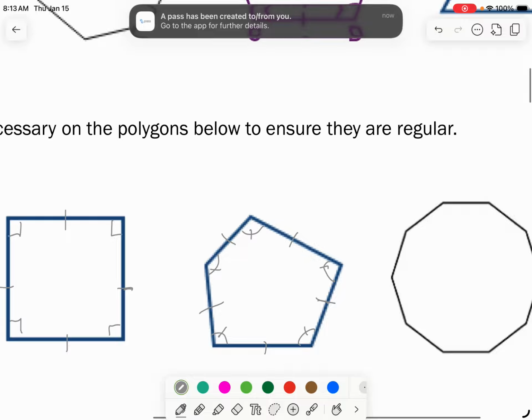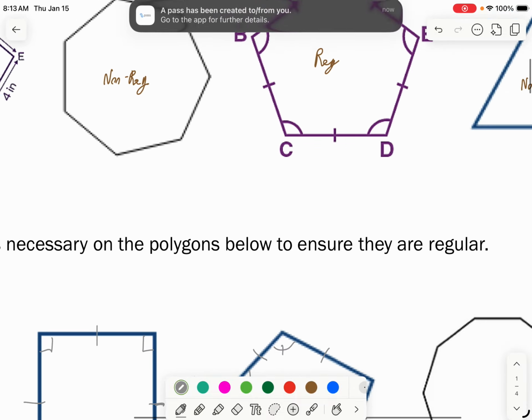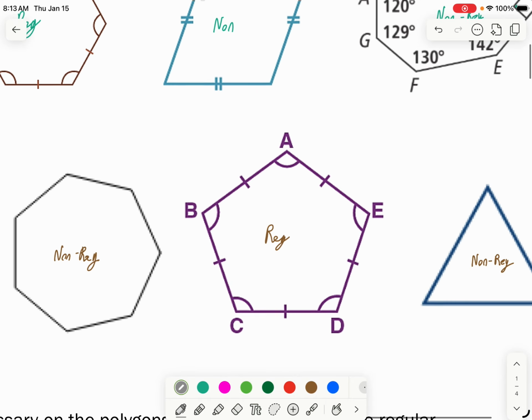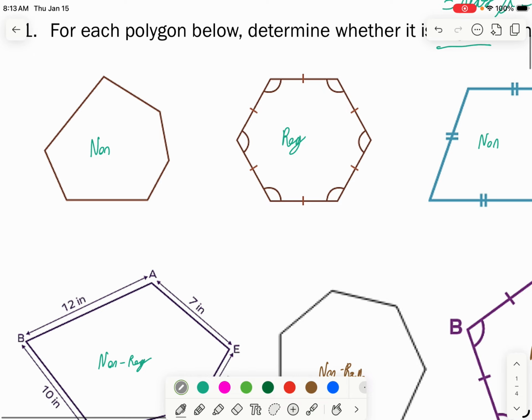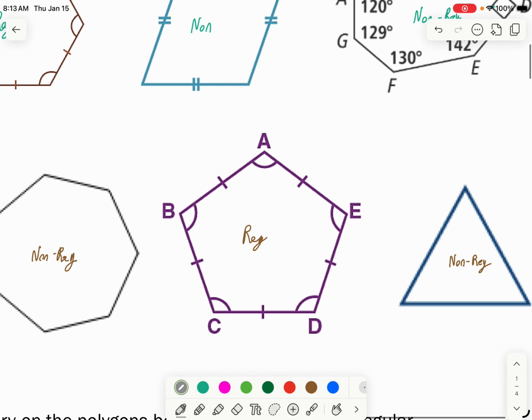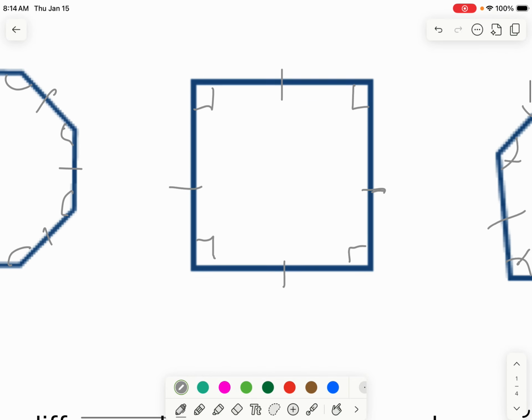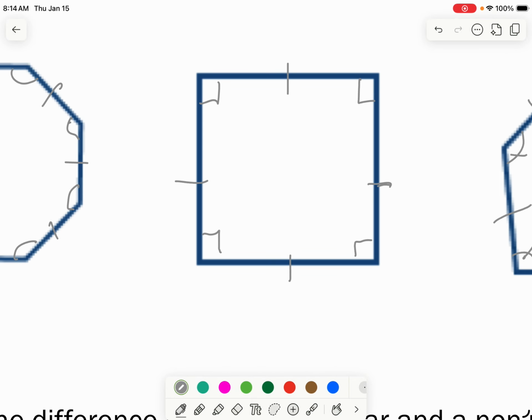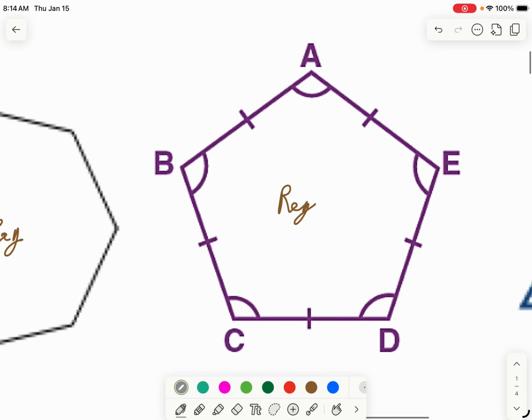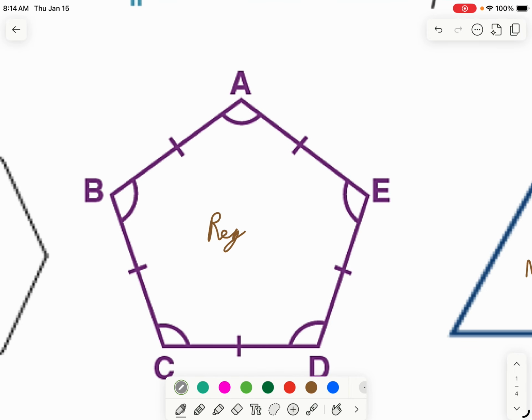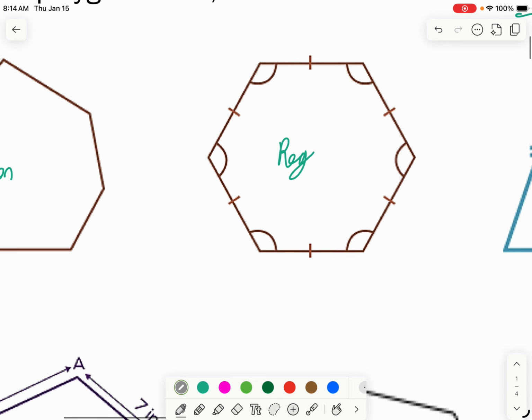But if you accurately draw these polygons, then you get some really cool results. Notice how this has 5 sides, and this is a regular polygon. This one has 4 sides. It is a square. This one has 5 sides and starting to look a little bit more circular. This one has 6 sides.